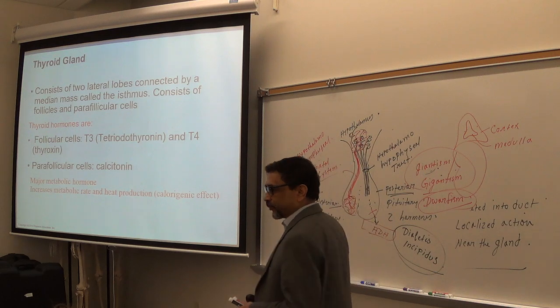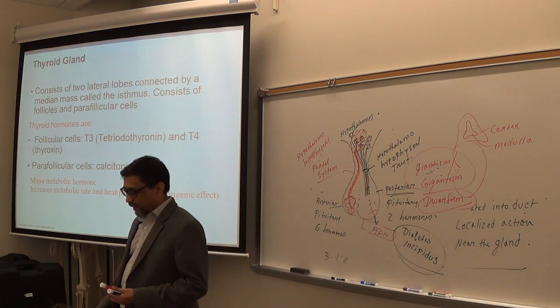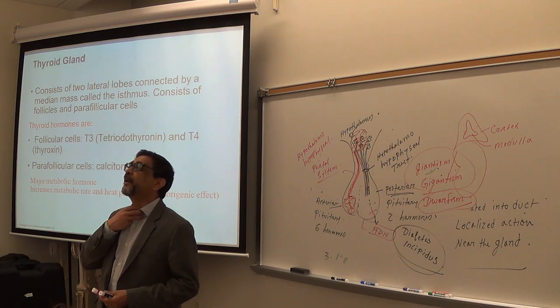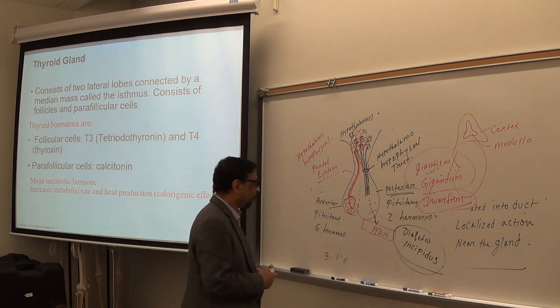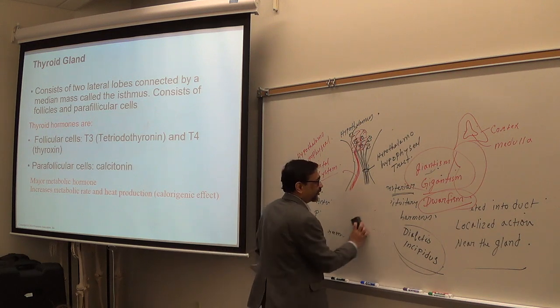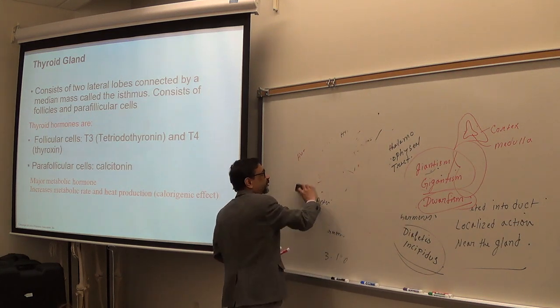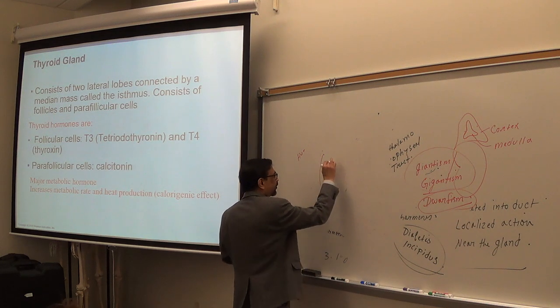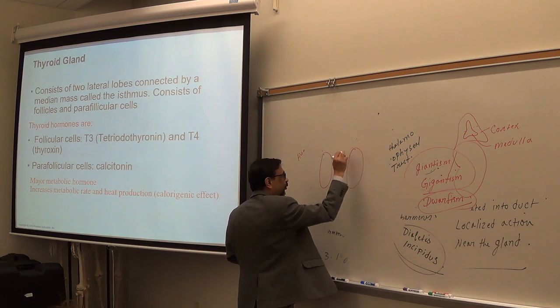Thyroid gland. Thyroid gland is located in the lower part of the neck, front of the neck here, and it has two lobes. This is one lobe, this is another lobe.